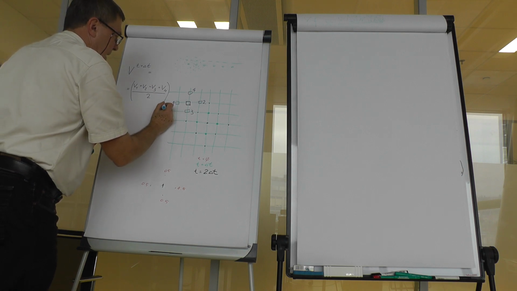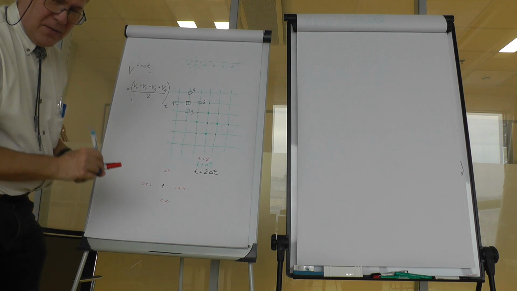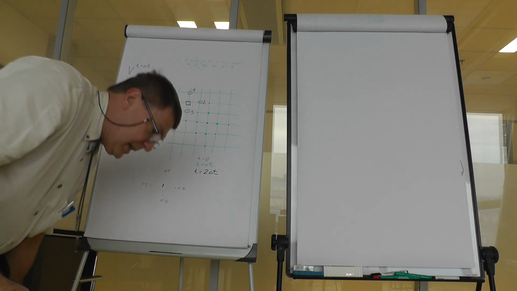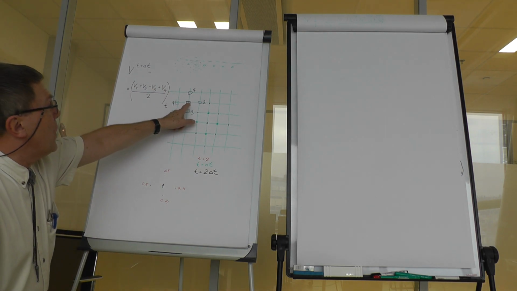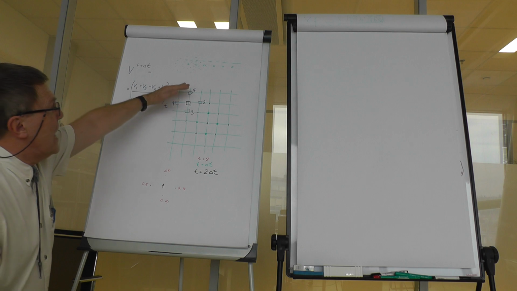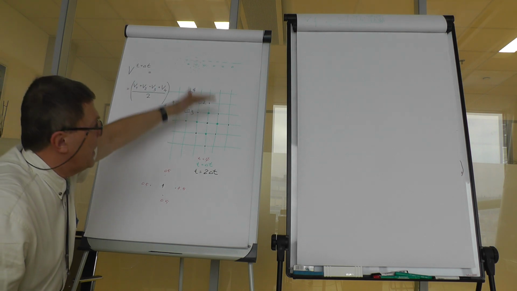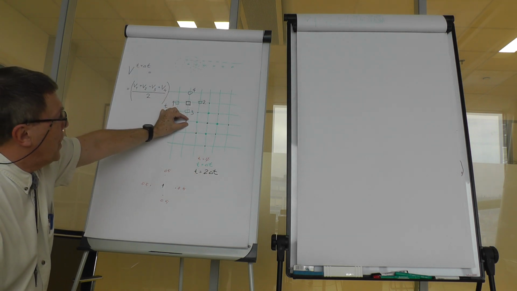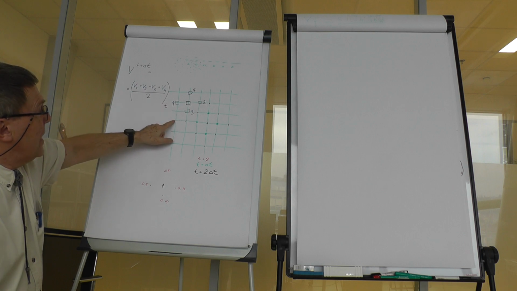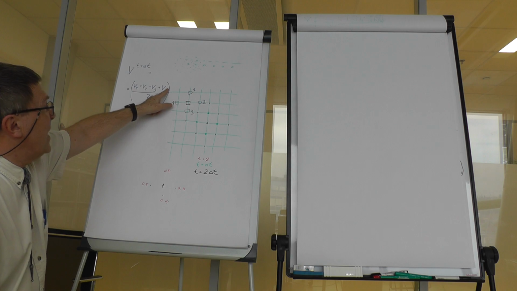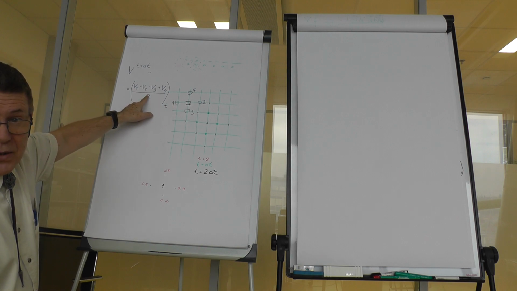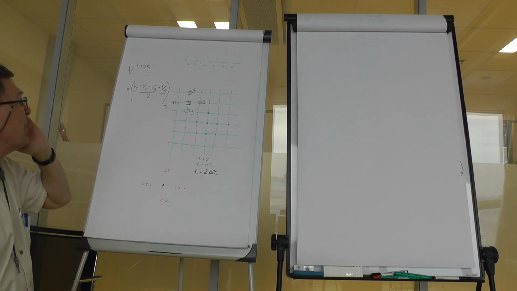I will make it a down index because an upper index would seem like raising to a power. So this is what you do for any of those steps, and you just sweep through the grid, updating the points with the values of the neighbors divided by 2.